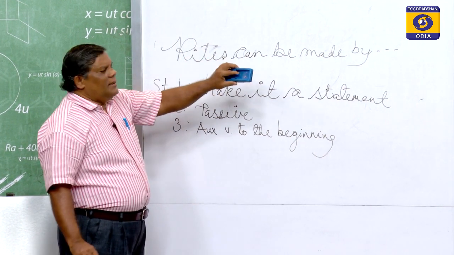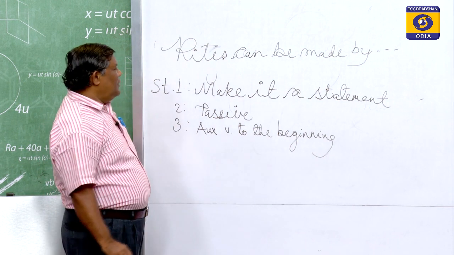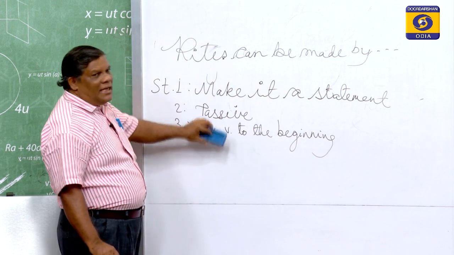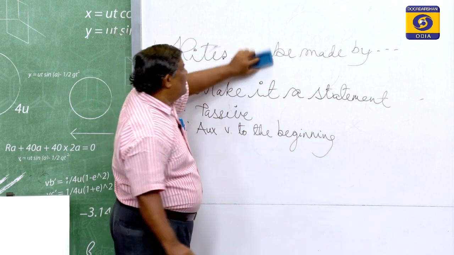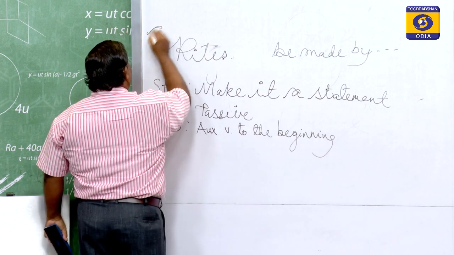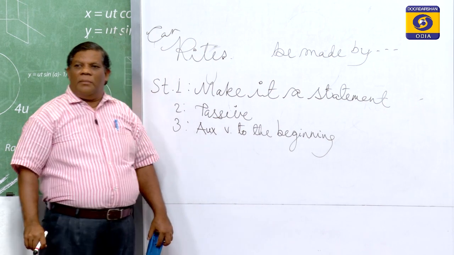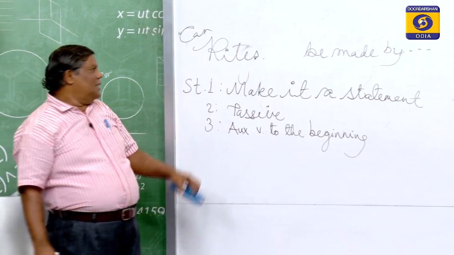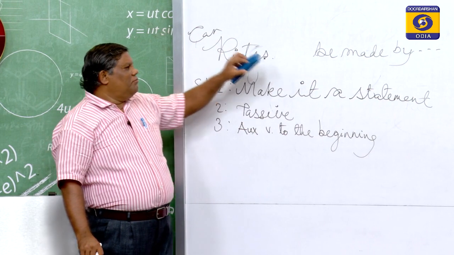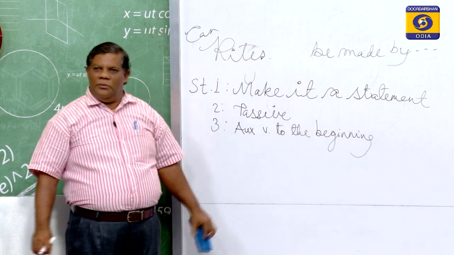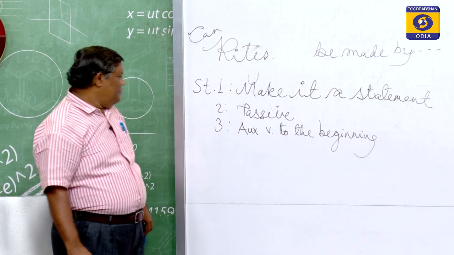Kites can be made by you. The third is bring the auxiliary verb to the beginning. It becomes the passive form of yes no question sentence. Can kites be made by you? If the sentence is like that.